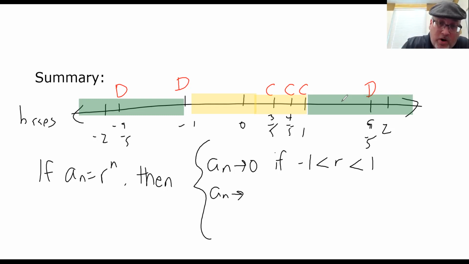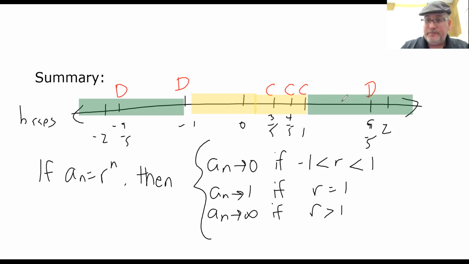a(n) converges to 1 if r is 1. a(n) approaches infinity if r is bigger than 1, so it diverges.